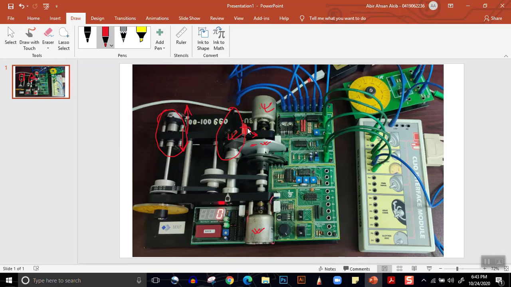Since the brake is created by eddy currents, you would have learned about eddy currents in your machine theory, that is EEE 221 and 223. So this brake is called an eddy current brake.